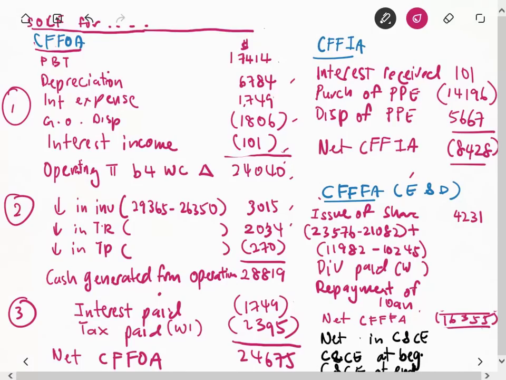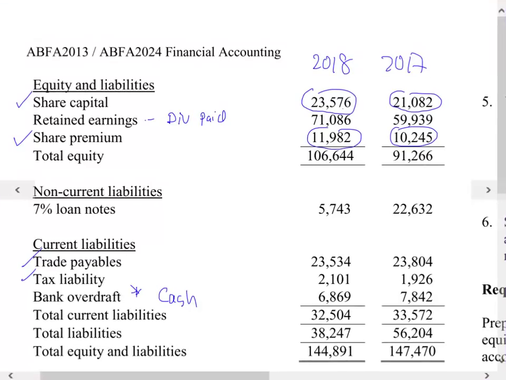Bracket, no bracket? No bracket because it's an inflow. So when you have issue share, then think of the next step, remember dividend. Pay or receive? Yes, we have to pay our shareholders. So dividend, look at retained earnings. Can you write there? Retained earnings is to find dividend paid.